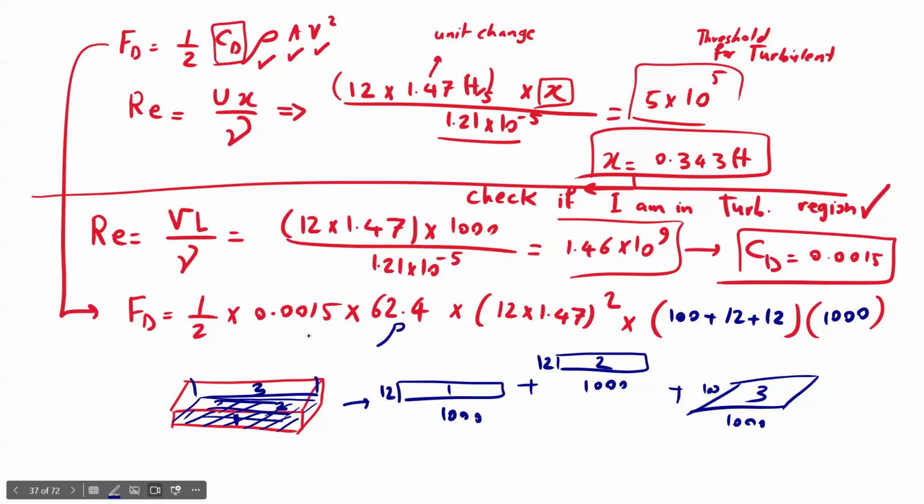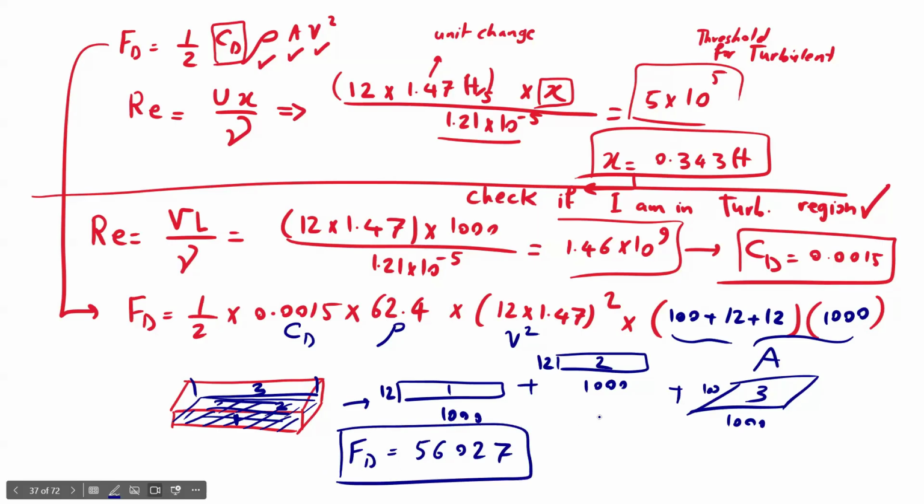So that's rho, that's CD, V square, and this whole guy is area. The one that I have is this number. The solution is a bit different, but, oh, there is another thing that you should multiply, the conversion between pound and feet, which is going to be multiplied by 1 divided by 32.2.